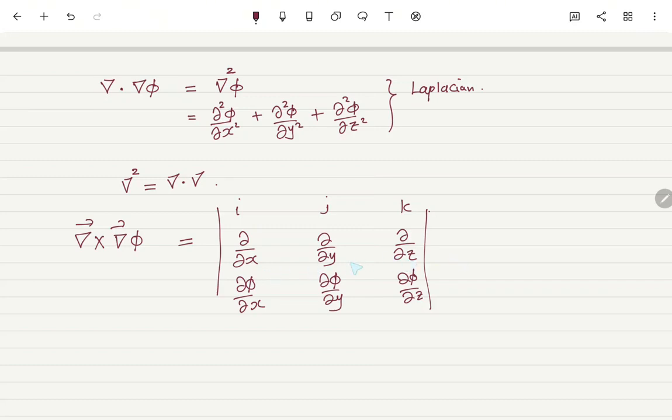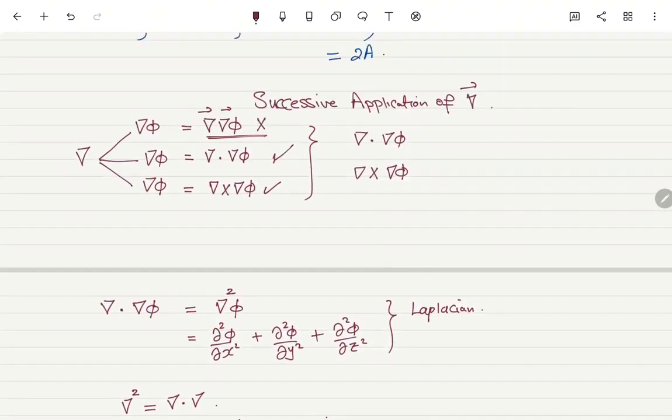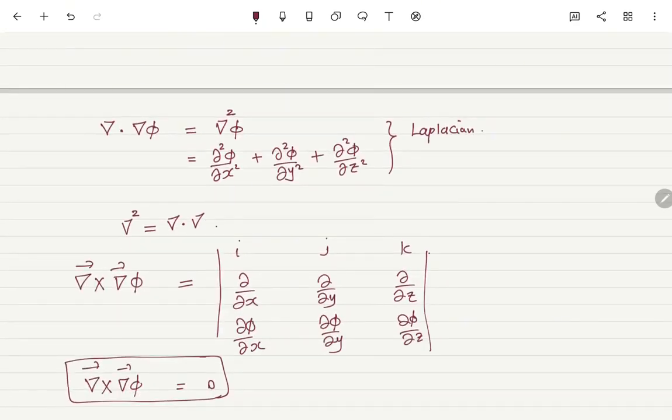When we solve this determinant, you will find that the curl of the gradient phi is equal to 0. Therefore, out of the three possibilities, the first is not possible at all, and the curl of the gradient is equal to 0. So applying a del on a gradient gives the Laplacian, which is this case here.